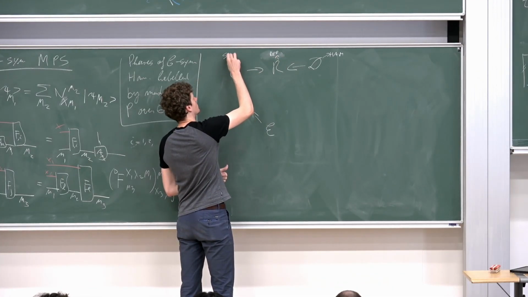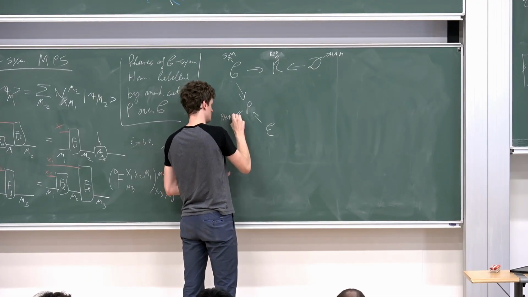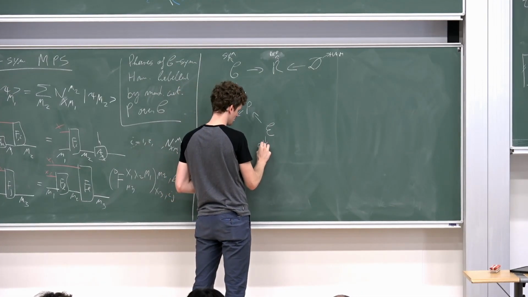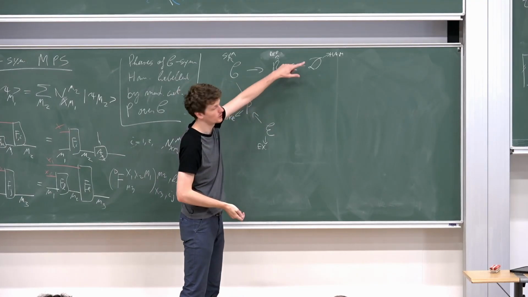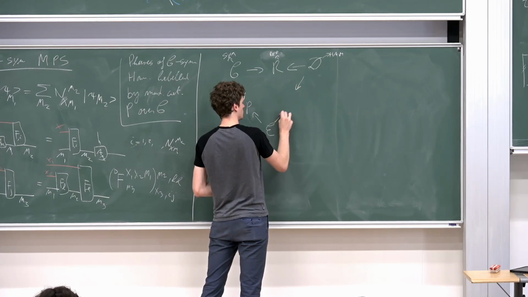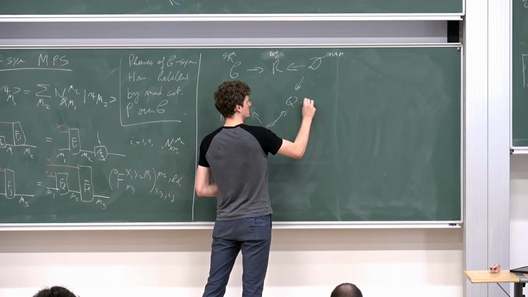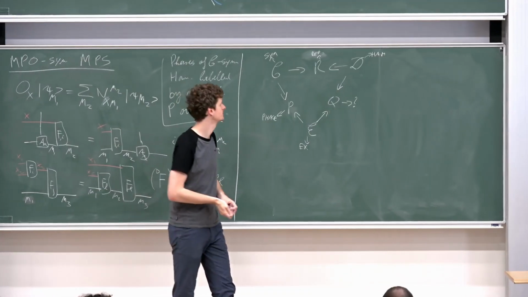This determines the symmetry. This thing determines the phase. This thing determines the excitations. So it's very natural to wonder, okay, what do I get if I compose these things together? Okay, I have P and then R, so let me call this Q. And the question is, what does this mean? What is this thing? Is it any useful?